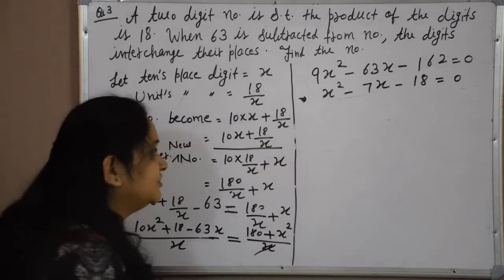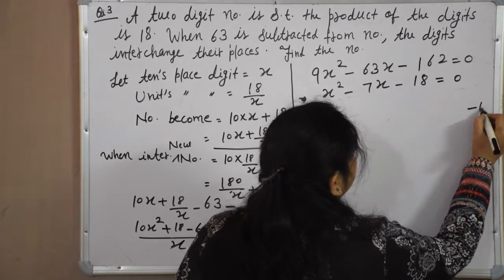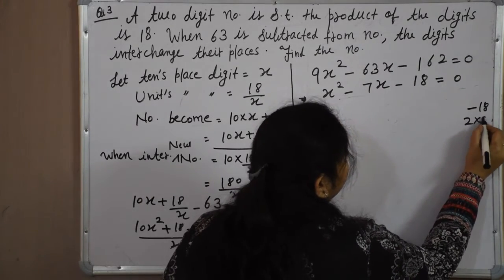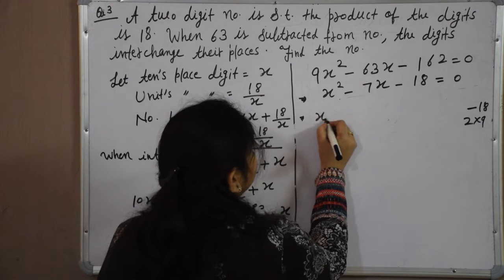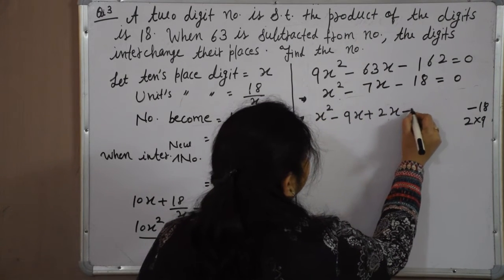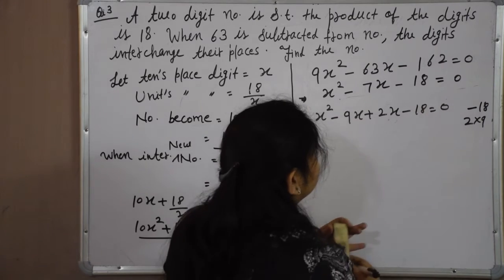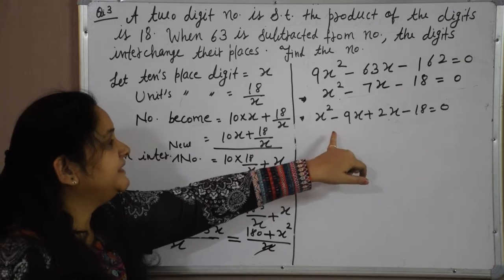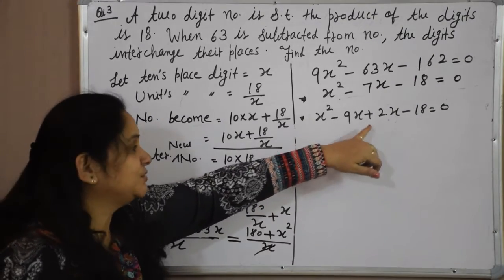We can easily solve this equation by the factorization method. Here the product should be minus 18 and the sum should be minus 7. So 2 into 9, easily we can take it: x square minus 9x plus 2x minus 18 equals 0. The middle term is split into two parts, minus 9x plus 2x.